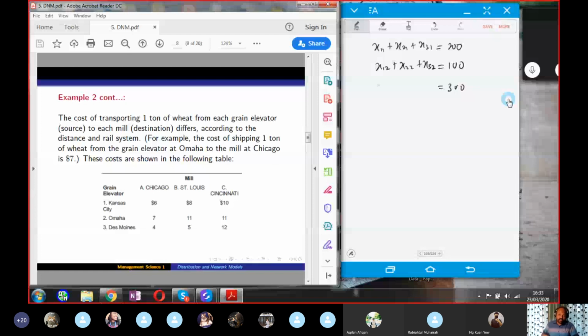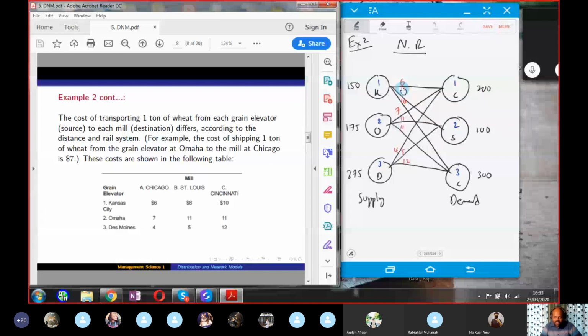You have done the constraints, supplier and demand. The final one is the non-negativity constraint. That would be X, I, J. What is your I? What is your J? Look at the line, where the line starts. Each line here starts from 1, 2, 3.